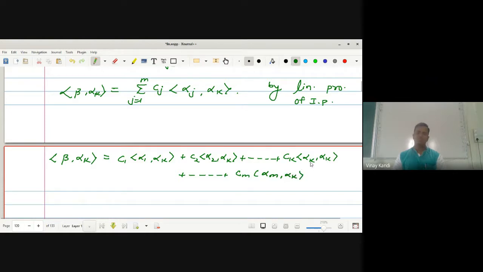Somewhere this k will coincide with j. Is it correct?